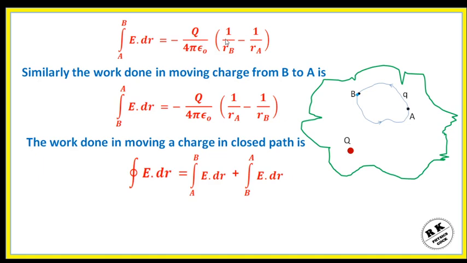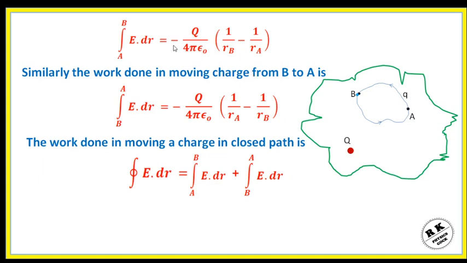If we do the sum of these two equations, the LHS is written here. On the RHS, if we observe carefully, these things will get cancelled. Here minus 1 by RB is there, and here minus times minus becomes plus, so plus 1 by RB. So these two will cancel.